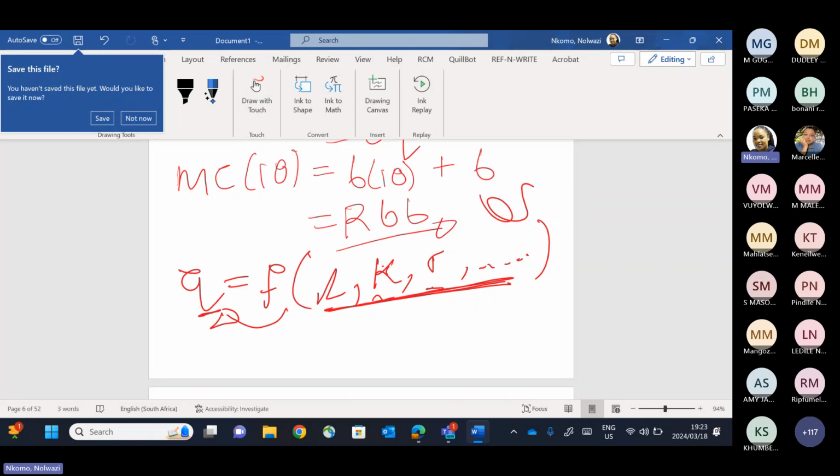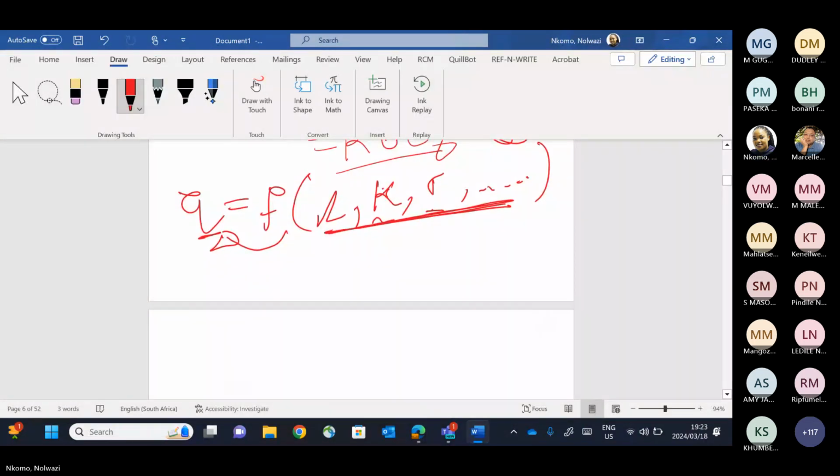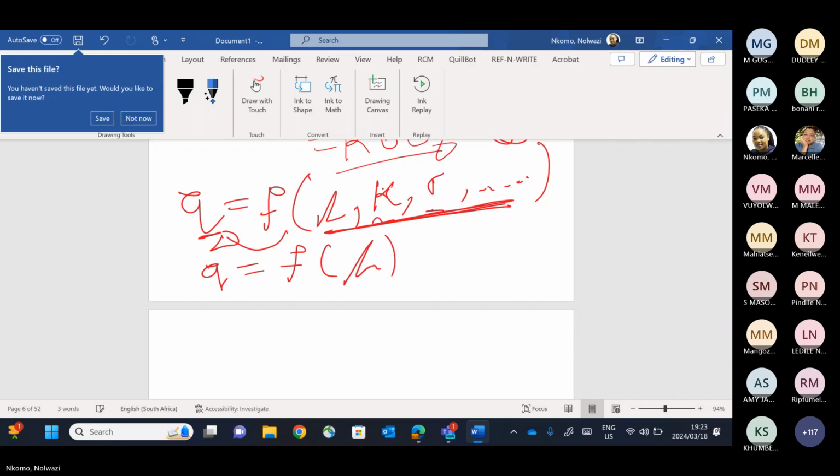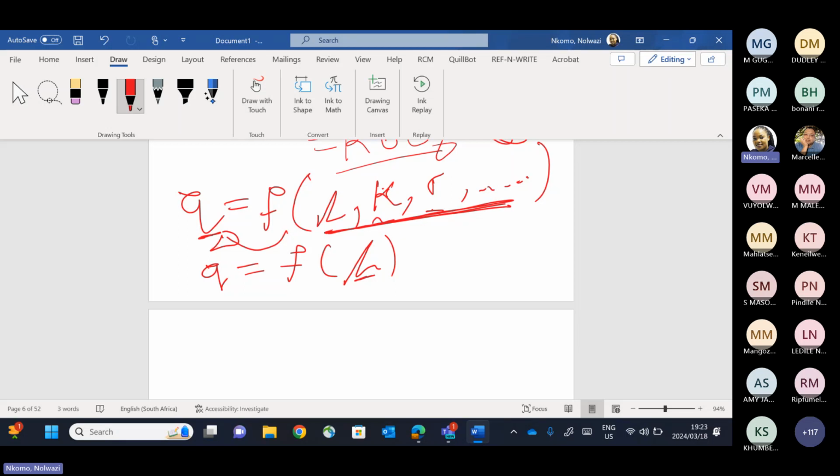We'll only consider labor as the non-fixed input. So this means our output would be a function of labor. I'll use L to represent labor.